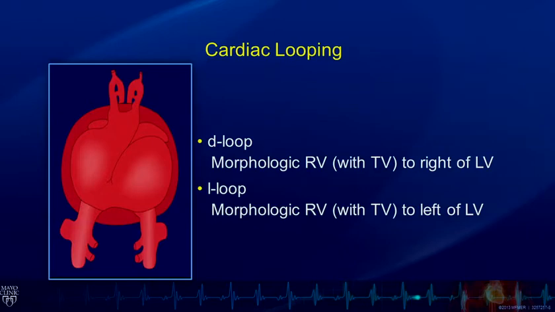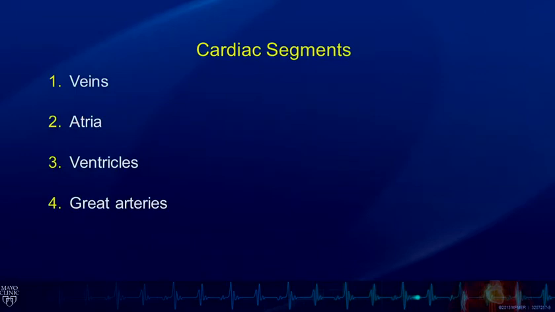Under normal circumstances, we have a D-loop, and that refers to the morphologic right ventricle ultimately being to the right of the left ventricle. In an L-loop, however, the morphologic right ventricle with its tricuspid valve lies to the left of the left ventricle. That will become important as we talk about some of the more complex lesions in congenital heart disease, and we'll come back to that later.